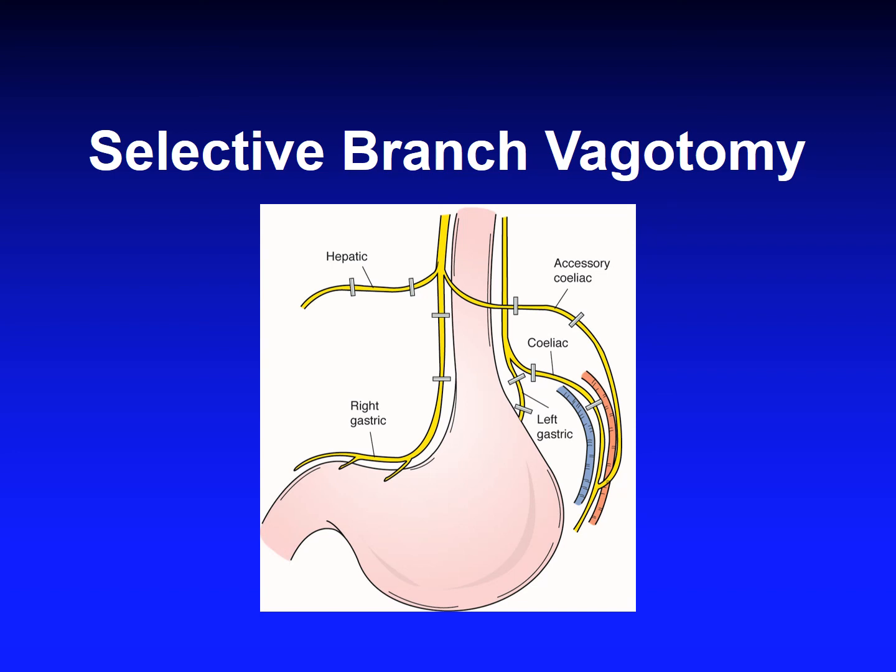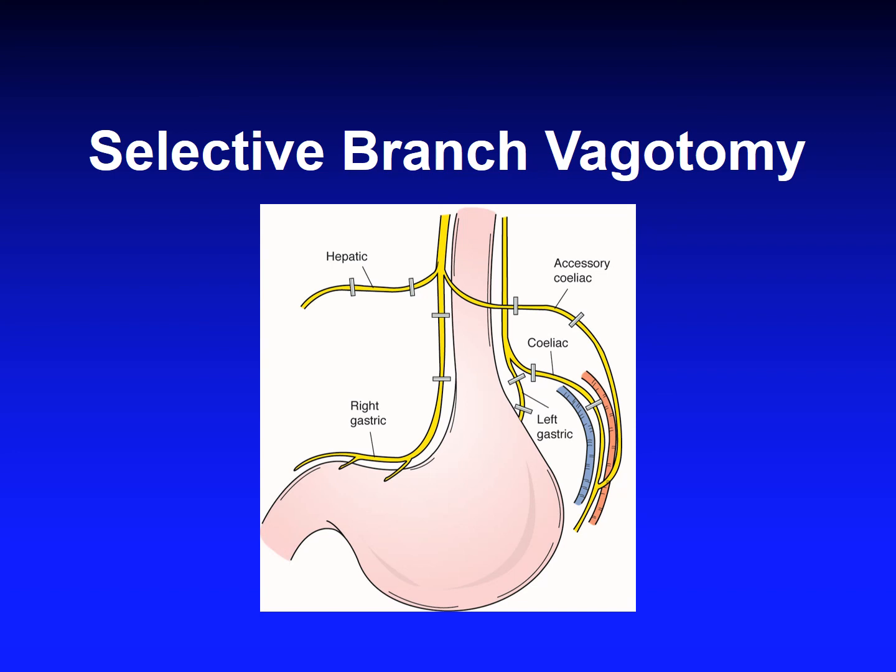And it's a common surgery. So the vagus and the splanchnic nerve, as I'll show you later on, are clinically important and are clinically relevant.